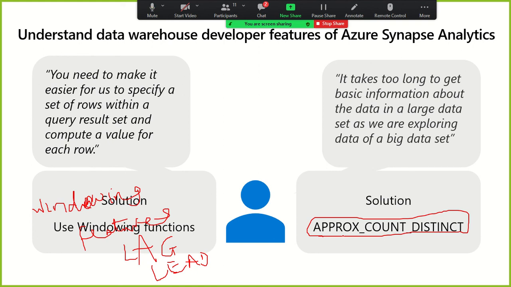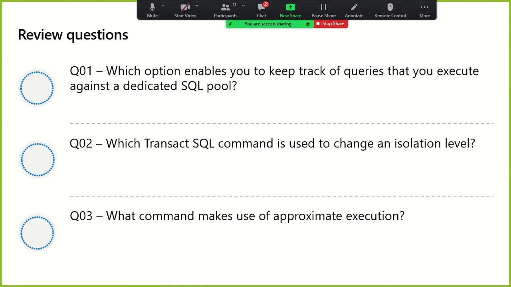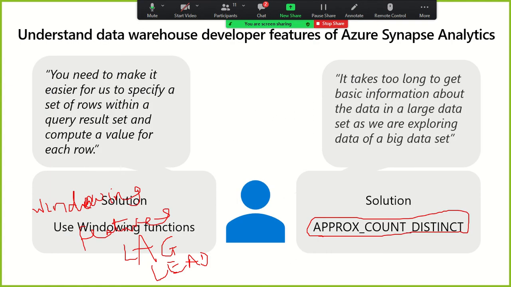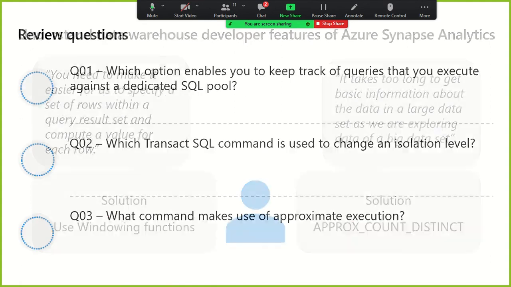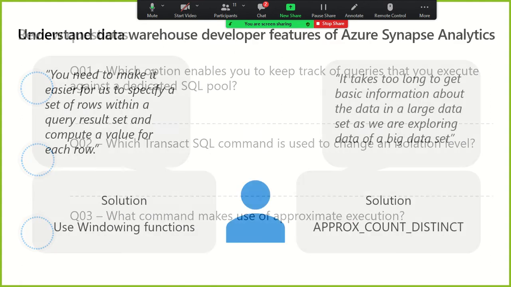When you use approx_count_distinct, it will give us the approximate number of unique non-null values that are available in a group of values. So those are the common issues that developers have, and you can resolve them with the two solutions that are provided here.